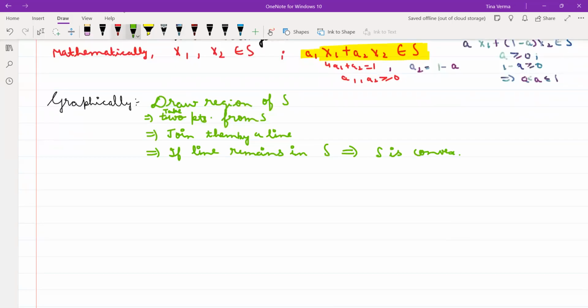So for the example, suppose I am taking S, the set of x1 and x2, where x1 minus a whole square plus x2 minus b whole square is equal to r square is my set. Check whether it is convex or not.